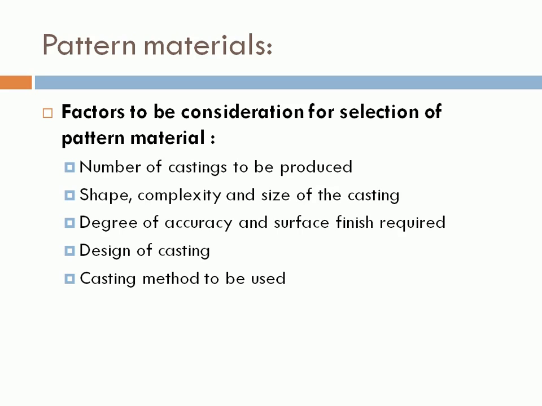And then the factors to be considered for the selection of the pattern material. Number of castings to be produced, shape, complexity and size of the casting, degree of accuracy and surface finish required, design of the casting and casting method to be used. So how can we select the pattern material?